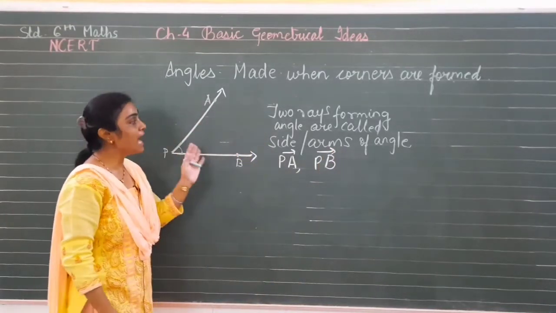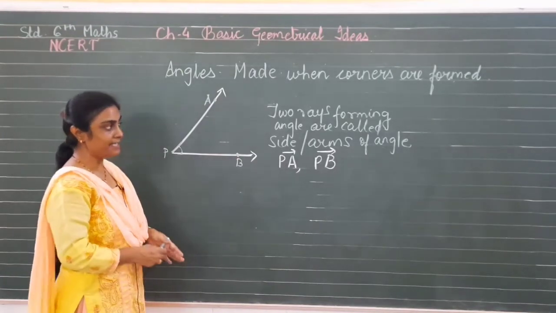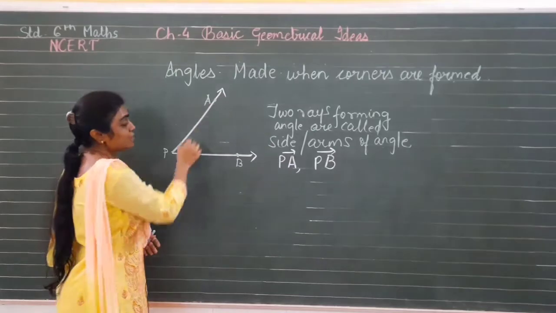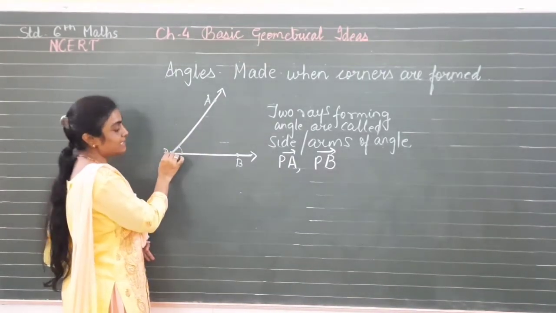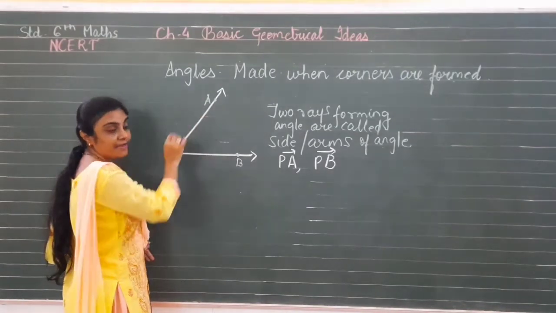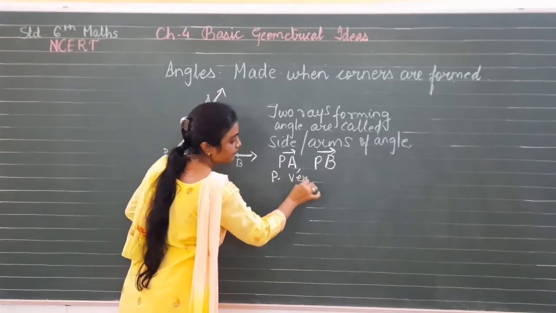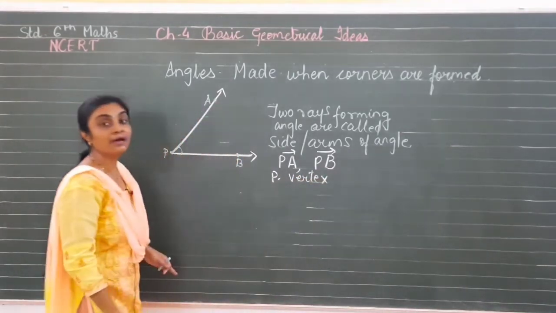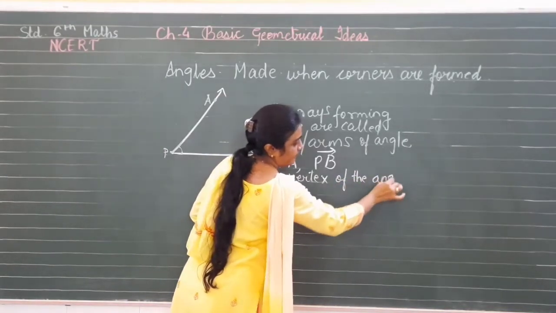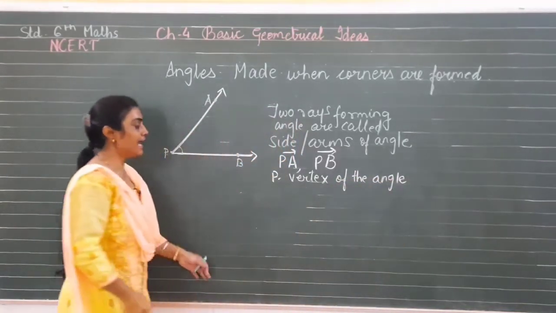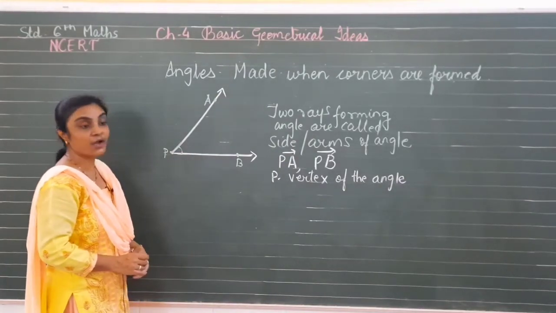So these are the two arms, or we can say two sides. Now these two rays meet at a common point, or we can say it is an initial point from where we can start the ray. This point P is called the vertex of the angle. So where it meets at P, P is called the vertex of the angle.